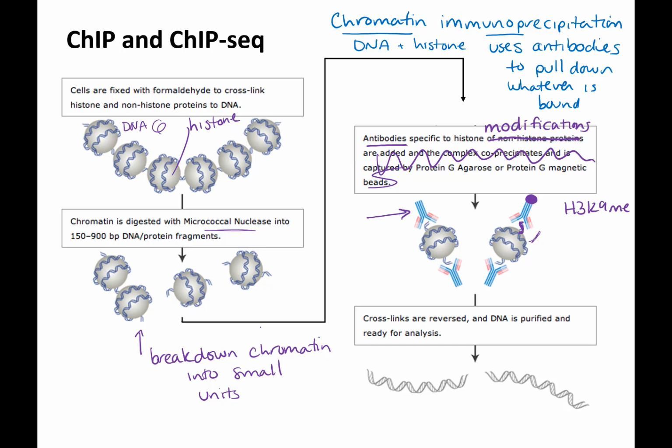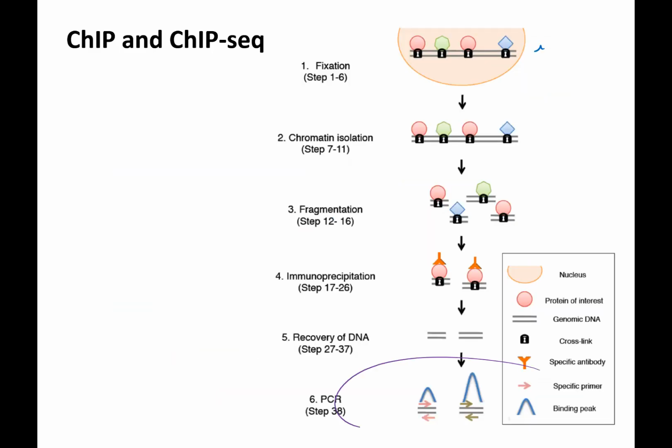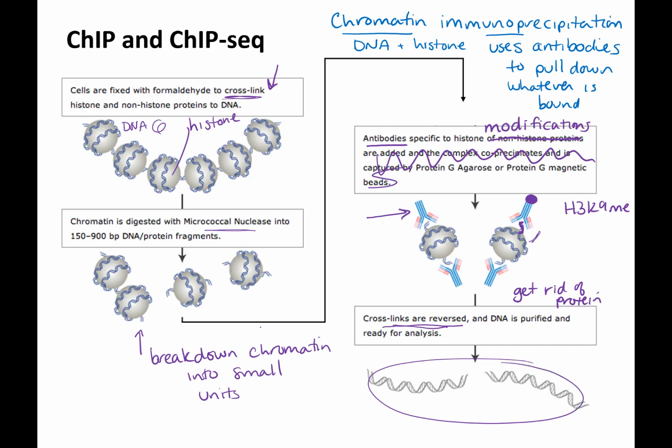Okay. What I forgot to say is that you're cross-linking the proteins and the DNA up here in the first step. That just keeps them from falling apart. Then you reverse the cross-links and you get rid of the protein so that you can analyze the DNA.